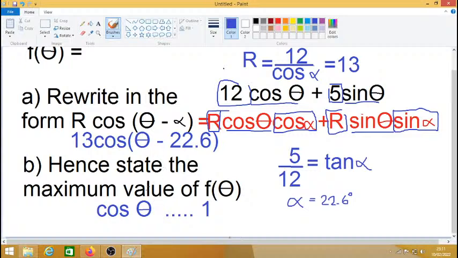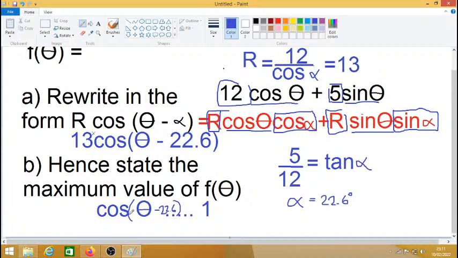So the maximum value of just cos of theta minus 22.6 could be plus or minus anything. It doesn't matter because you're just shifting the graph right or left. So the maximum is still 1. And then you look at the 13. Okay, the 13 does make a difference. The 13 is really 13 times.